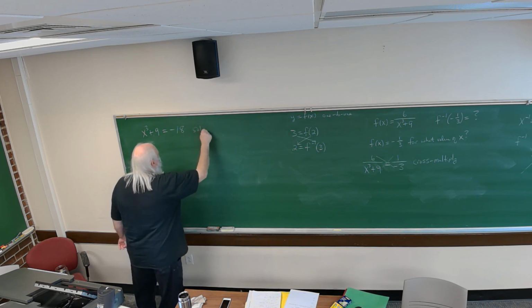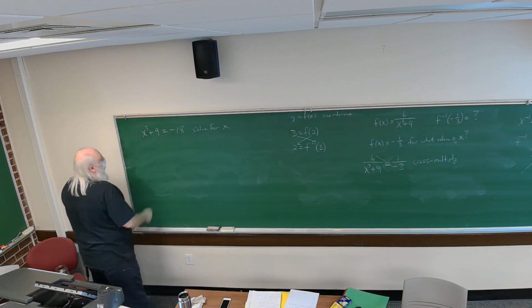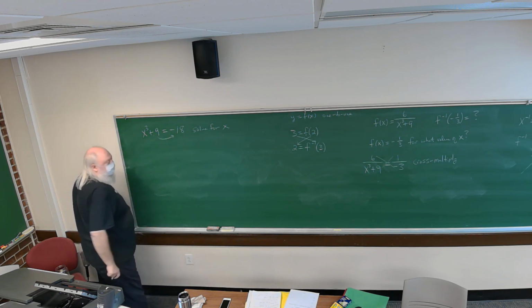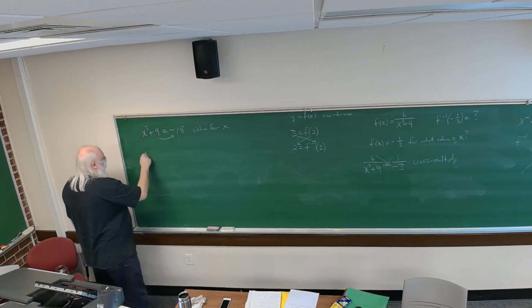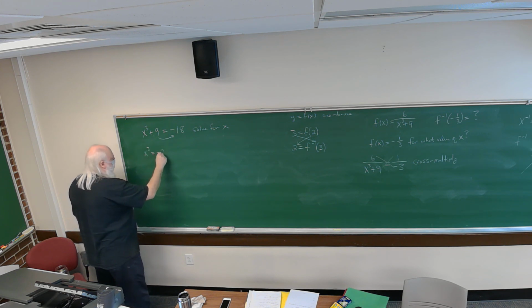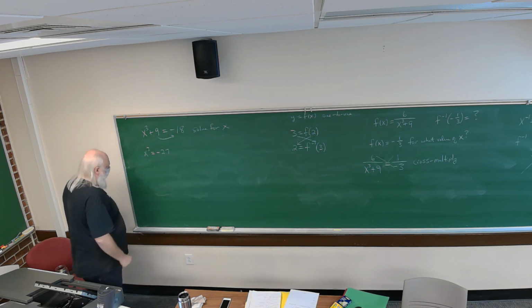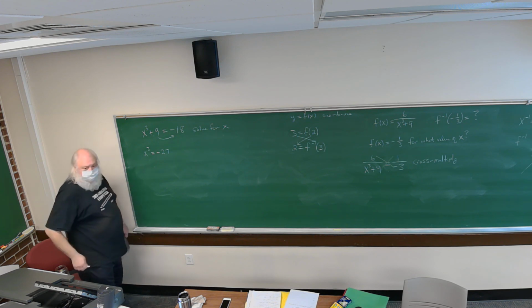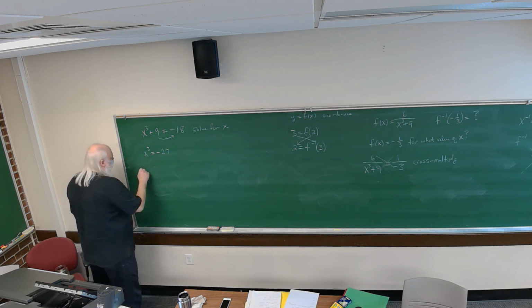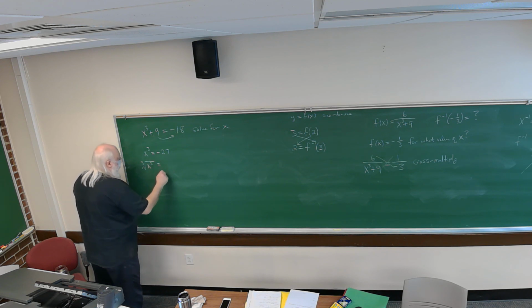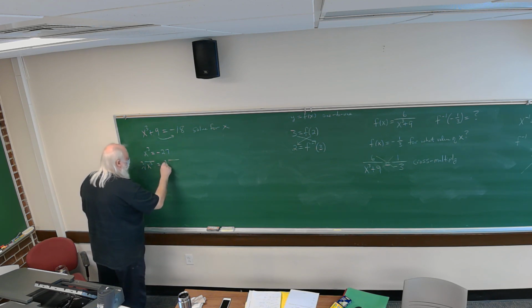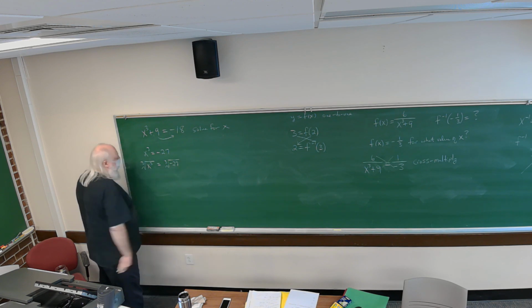And we just solve, right? We're solving for x. And so you move the 9 to the right-hand side by subtraction. x cubed is equal to minus 27. And then you take the cube root of both sides, right? So you have the cube root of x cubed is equal to cube root of minus 27.